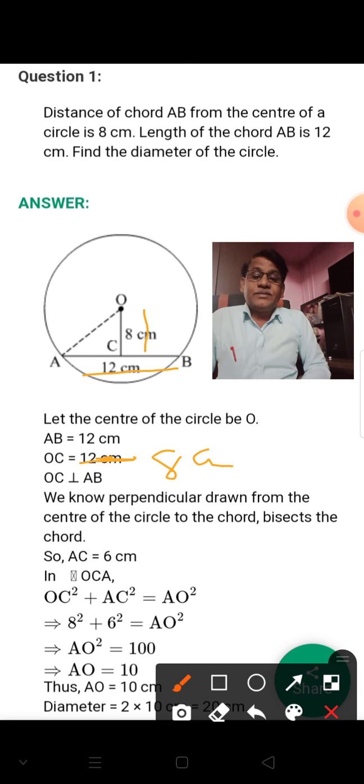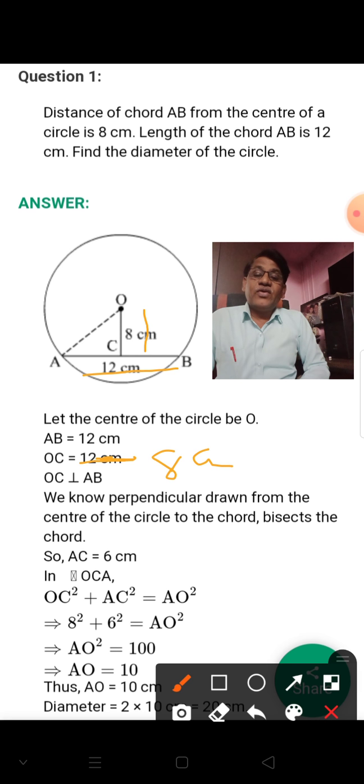Now in triangle OCA, you can apply the Pythagoras theorem because it is a right angle triangle. So OC square plus AC square is equal to AO square.